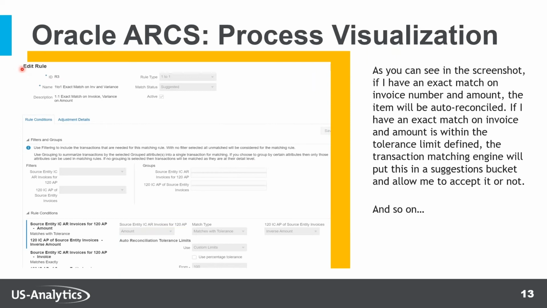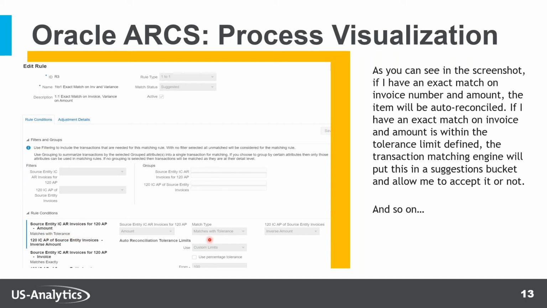Going a little bit deeper, next we look at this rule, where we'll talk a little more about what your other options are, but we're saying it's a one-to-one match. You can only have one invoice on the AR side and one invoice on the AP side. Here I'm saying that if my source entity intercompany AR invoice amount matches within the tolerance limit, then go ahead and reconcile it.